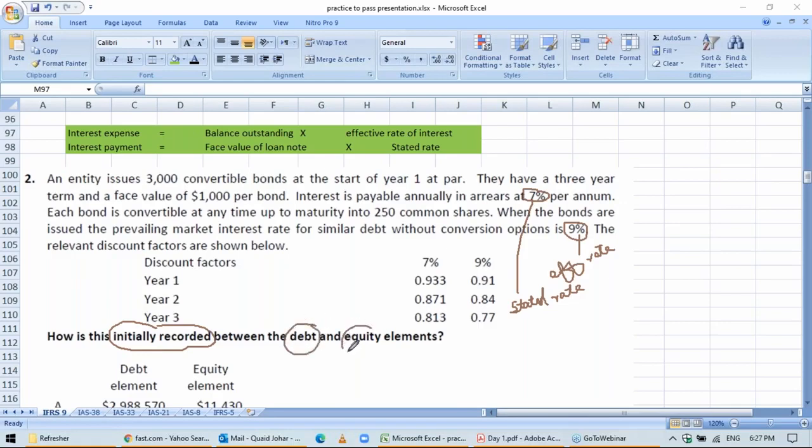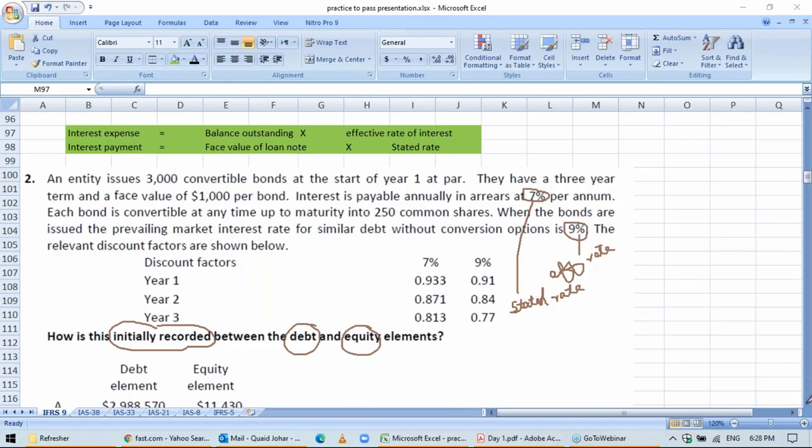and the equity elements. When accounting for convertible bonds in the books of the issuer, the party who issues the convertible bond, we will recognize two items: liability and equity both. We need to know how much of the cash received is a liability and how much is equity.